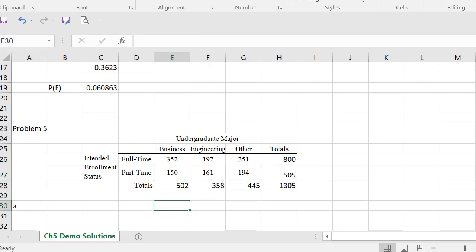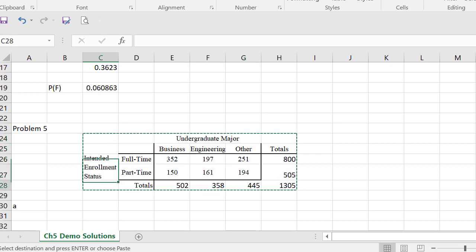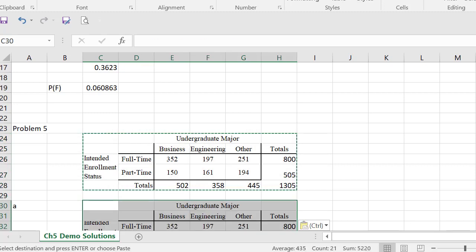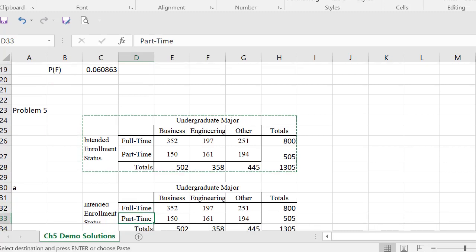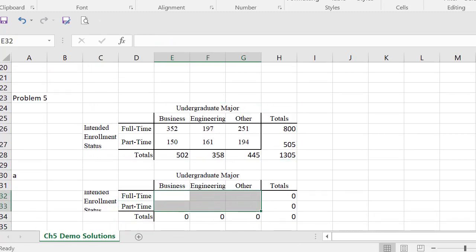And so we can easily do that, and I want to keep my same formatting. So what I'm going to do is do a Control C, Control V, and I'm going to delete these numbers here. And what I'm going to do for this one, all it is this number divided by this number.